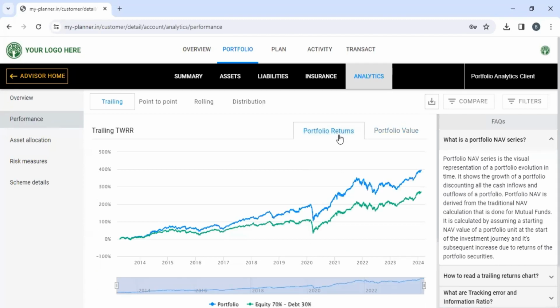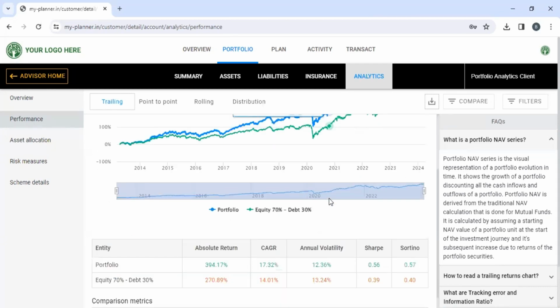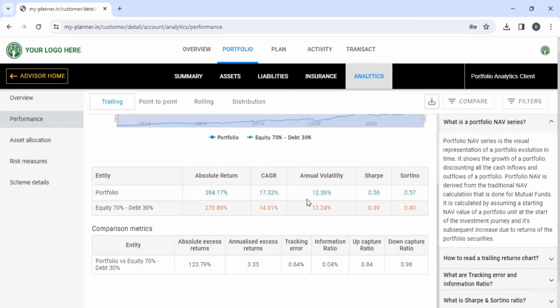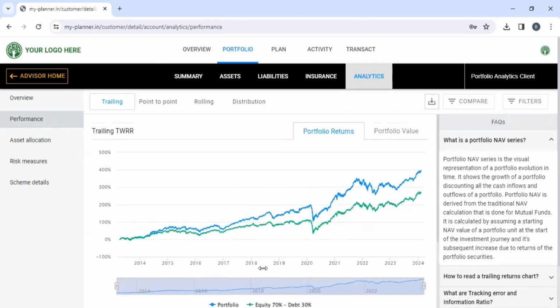With this, we also have these metrics: absolute return, CAGR, volatility, Sharpe, Sortino. We also have comparison metrics against this particular benchmark. In theory, we can also see the individual effect of a particular scheme in our portfolio.